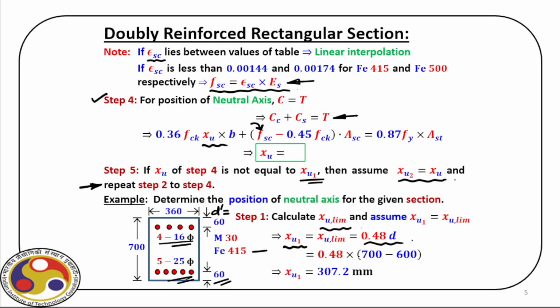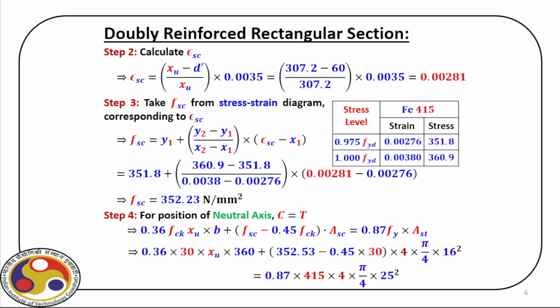That means 0.48 times this D. Actually, there is an error here: D is the total depth of the section minus the effective cover, that is the effective depth. From there, we find that XU1 is 307.2 millimeter. That is the first estimation. We'll verify whether it is correct or not. If not, definitely we'll iterate the procedure.